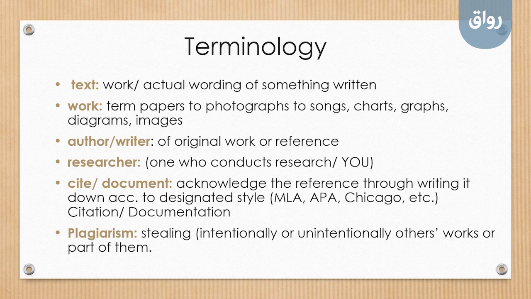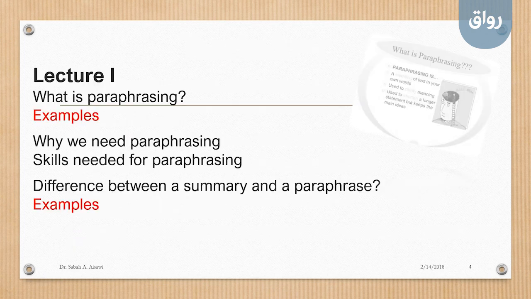Finally, plagiarism is a major term in this course, and it means literally stealing, whether you do it intentionally or unintentionally, stealing others' works or part of them. So in lecture 1 we discussed what is paraphrasing. We've seen examples. I started on the sentence level and I gave you an example, and I told you definitely each one of us will have different ways of rewording the sentence.